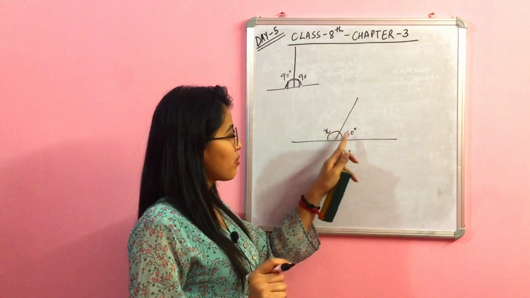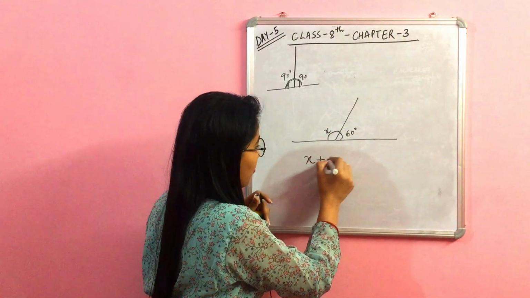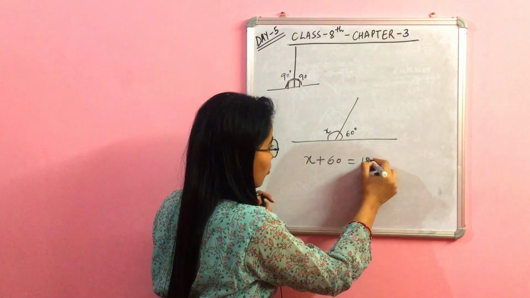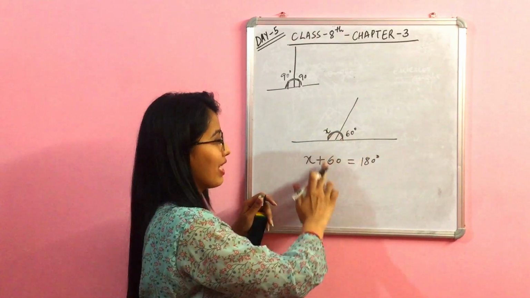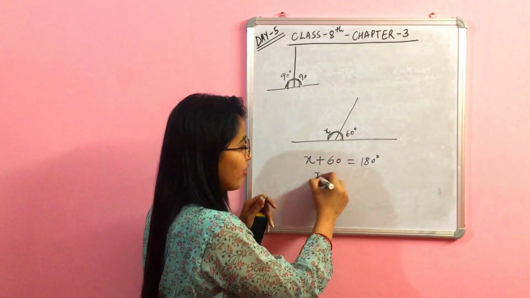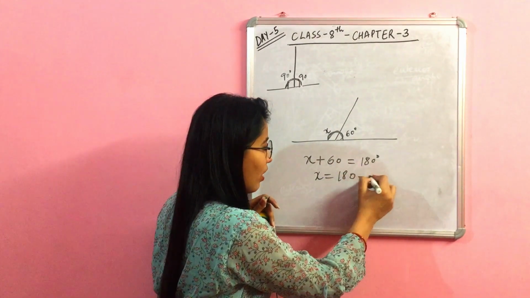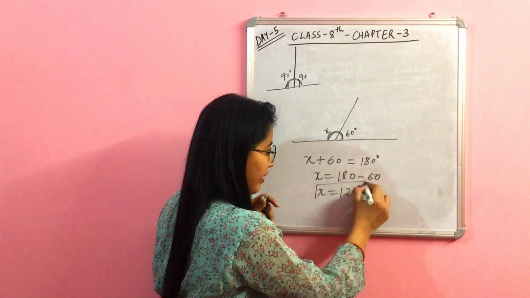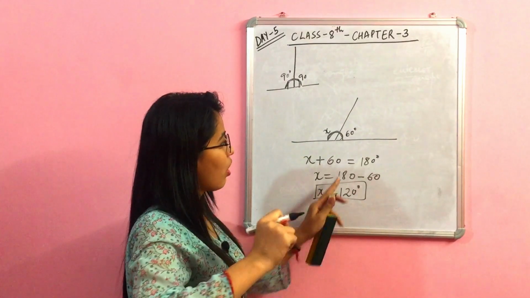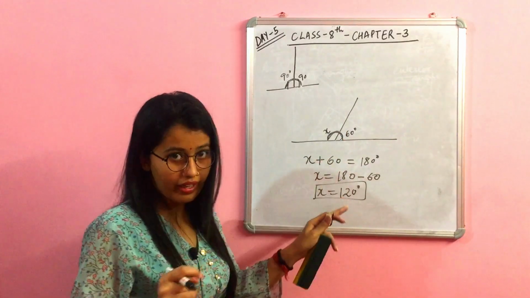We know that x plus 60 is equal to 180 degree. The sum of these two angles will be 180 degree. We can find the value of x easily. 180 minus 60 is equal to 120 degree. So this is how we can solve the value of x.